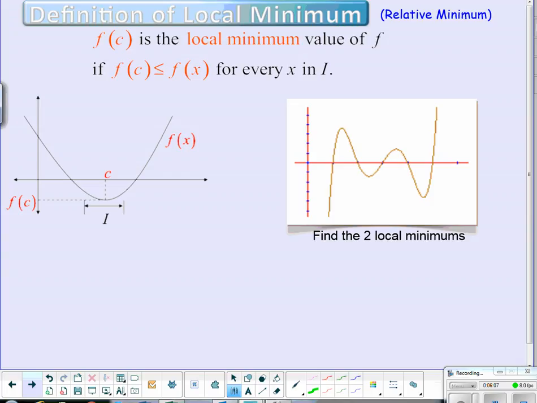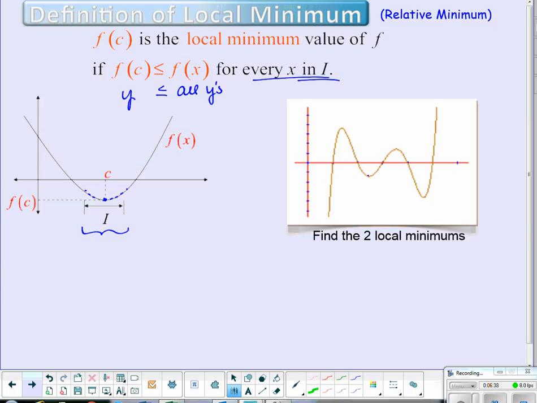Definition of local min, also referred to as a relative min. The definition is sort of similar to what we talked about with max. f of c is the local min value if the y value we're selecting is less than or equal to all y values in a local area, in some local interval I. Here we see that this produced the lowest spot of all y values in the local region, so it's a local min.